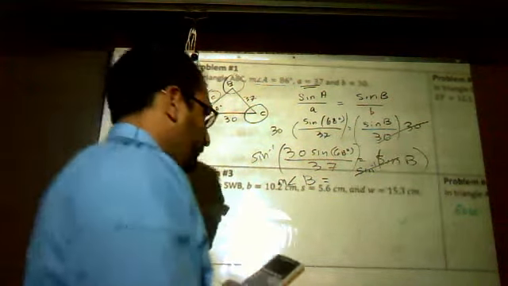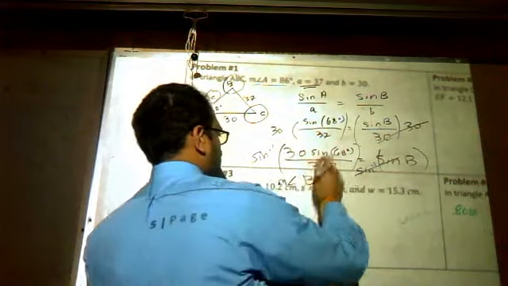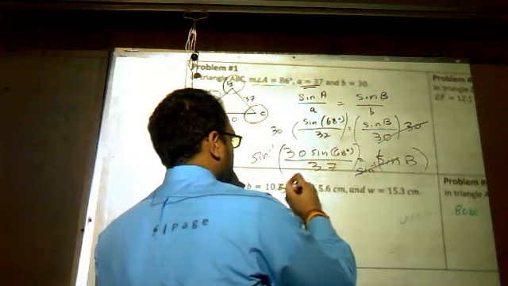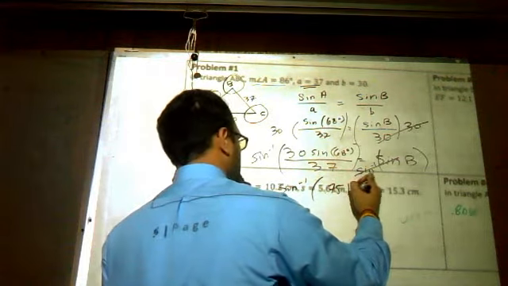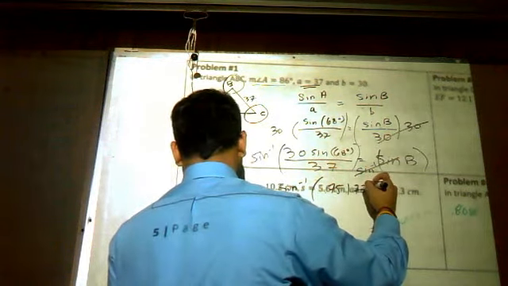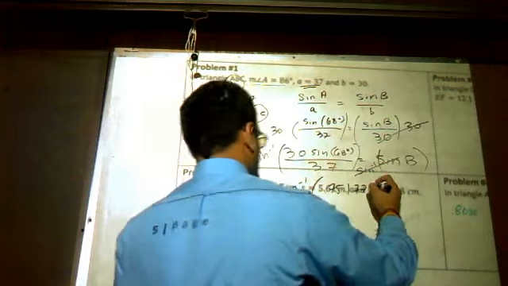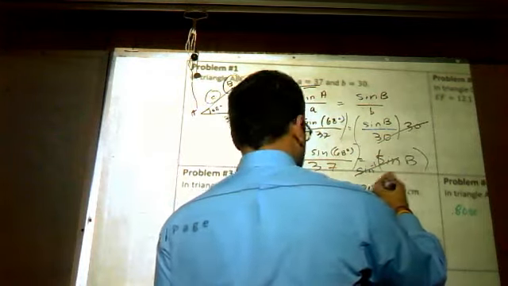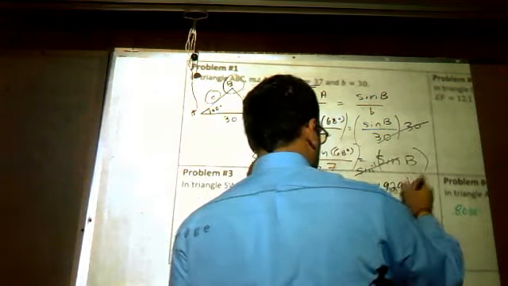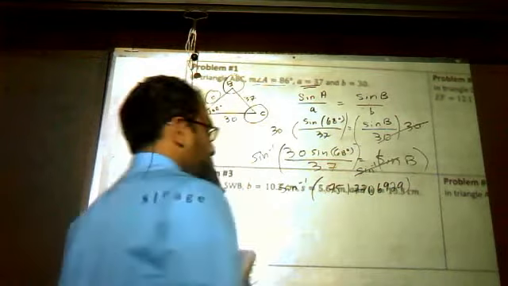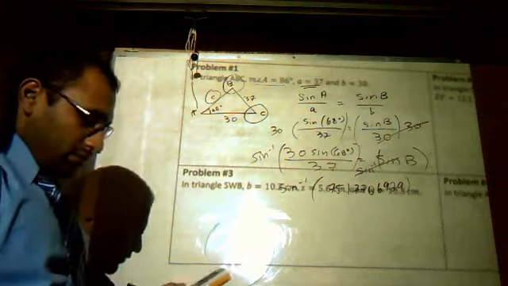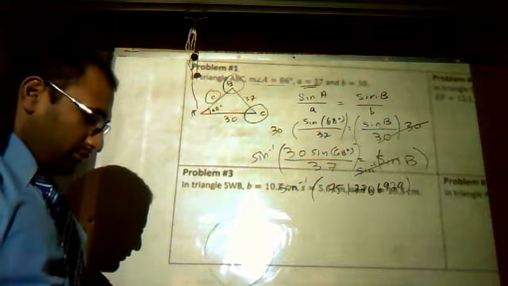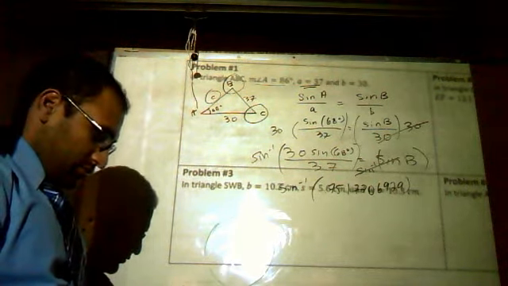You get 0.75177 on the inside, so the inverse sine of 0.75177. Then all I do is plug that into my calculator, second sine, and plug in that answer.